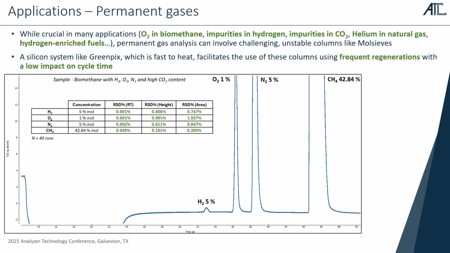It's not showing long-term stability here, but we are using micro-GC technology, which, as I said, allows you to heat your columns very fast. It allows you to regenerate your column every couple of analyses without any compromise in cycle time. So micro-GC is a nice way to use emulsive columns in a very stable way.